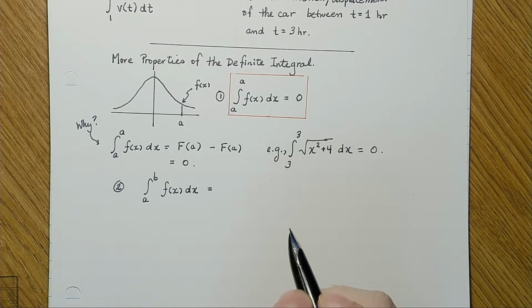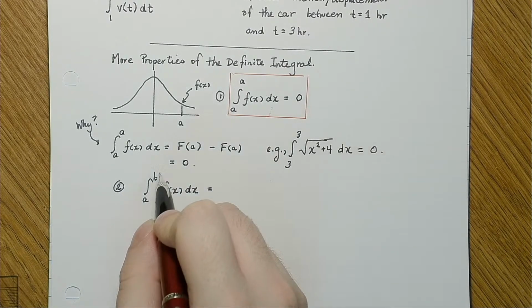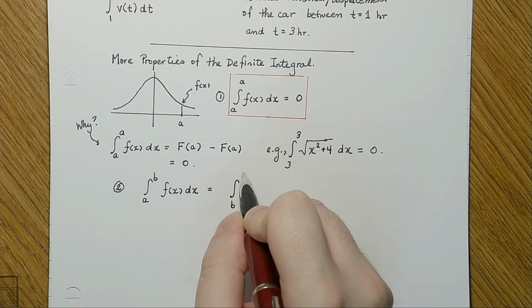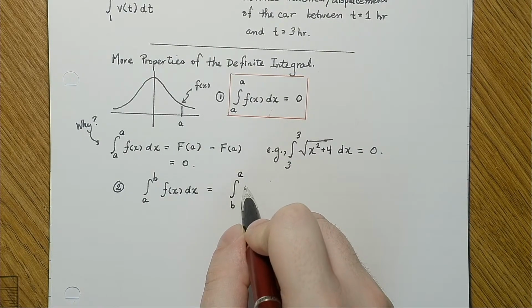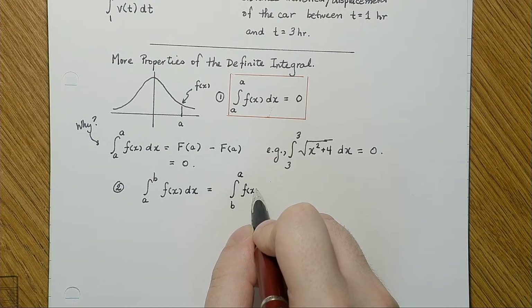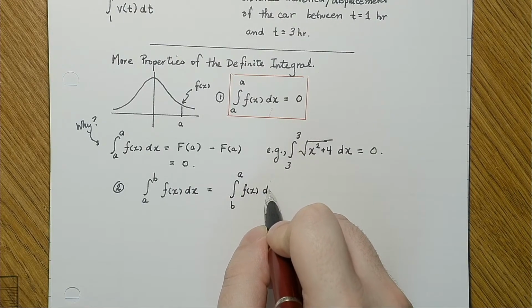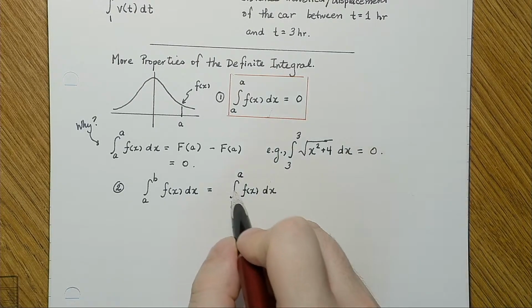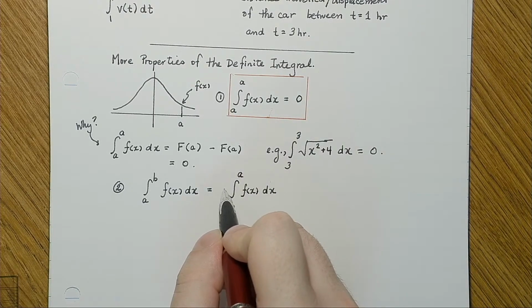The other one I can think of, here's another one. If I change the order of my limits, then if I do that, it changes the sign.